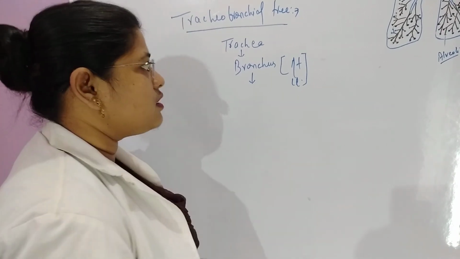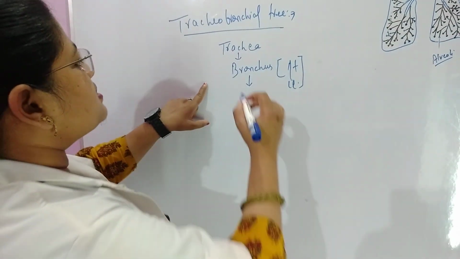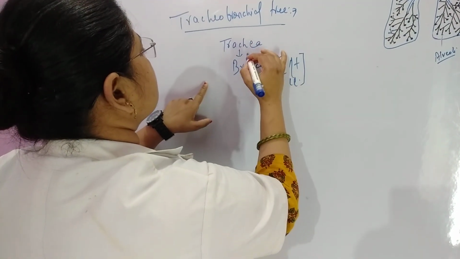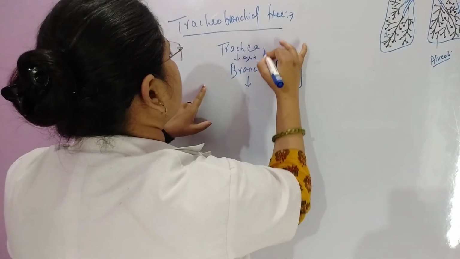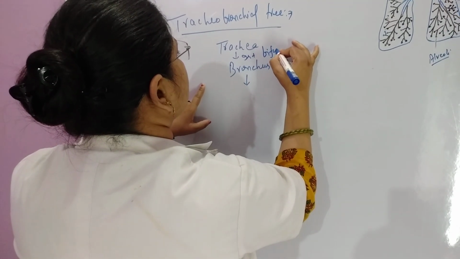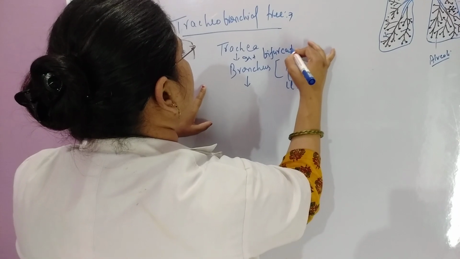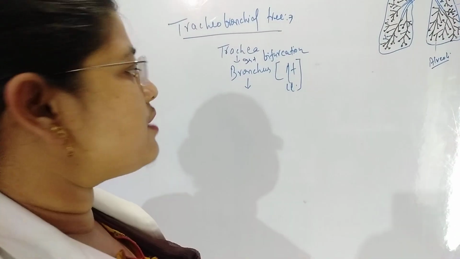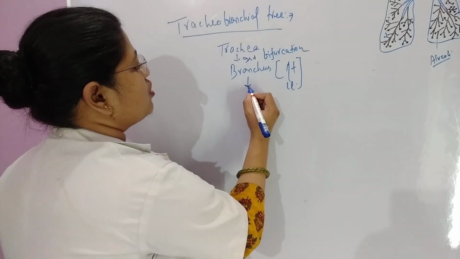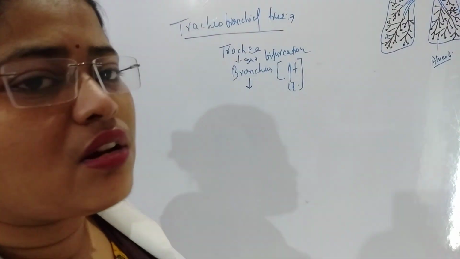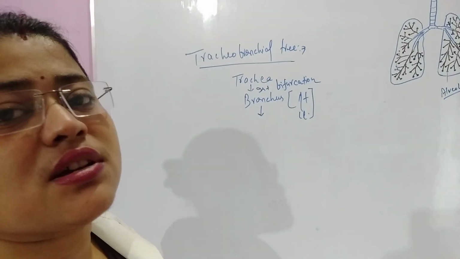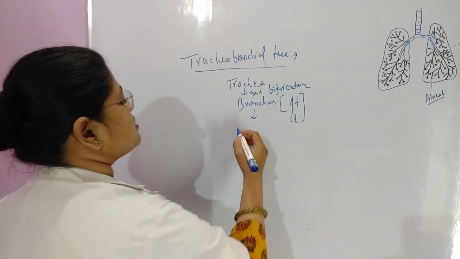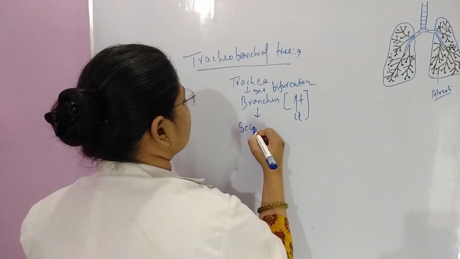Now this is the first bifurcation. The trachea bifurcates into right and left bronchus. Now each right and left bronchus gives secondary bronchi.